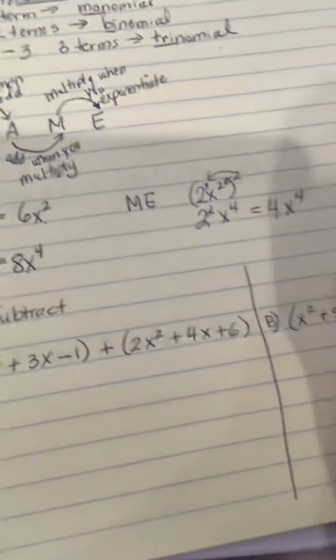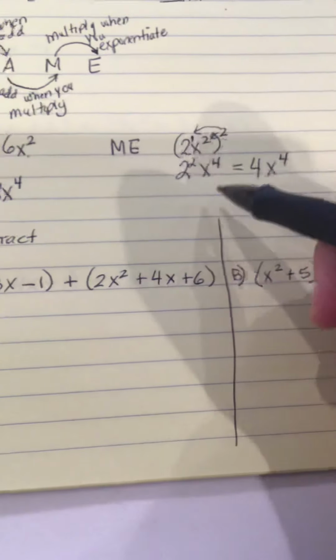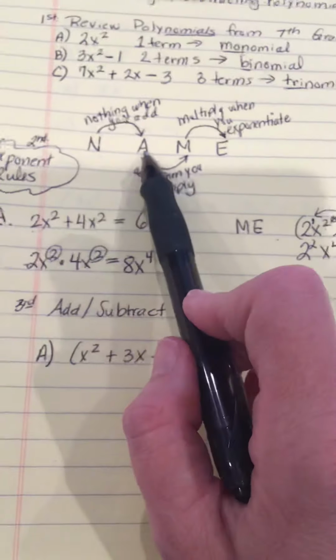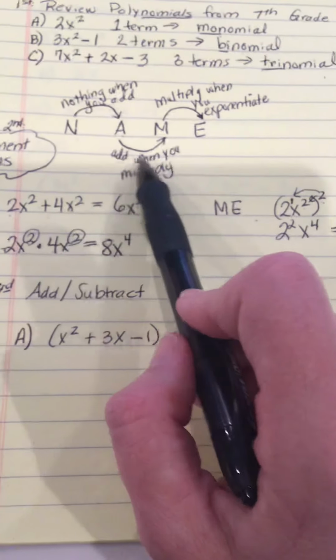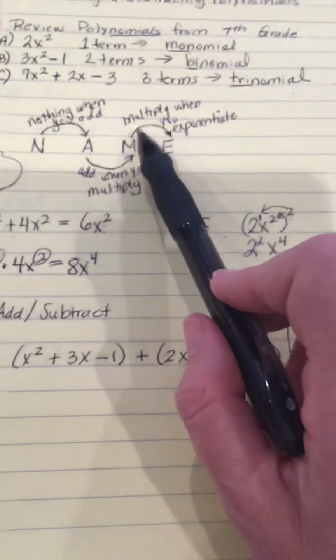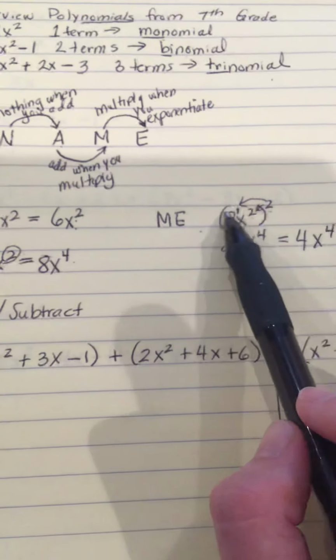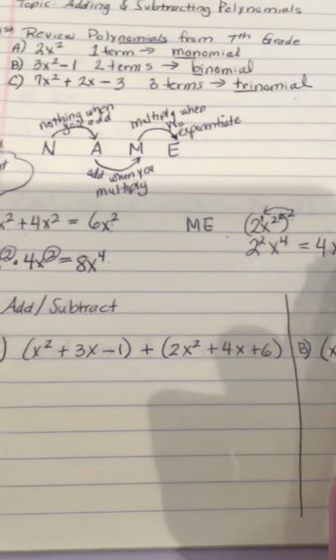So you multiply when you exponentiate. See how I did the 2 times 2 and the 2 times 1. So nothing when you add them. You keep the exponent exactly the same. You add your exponents when you multiply. 2 plus 2 is 4. And you multiply when you exponentiate. So 2 times 2 is 4. 1 times 2 is 2. So that would be 4x to the 4th.